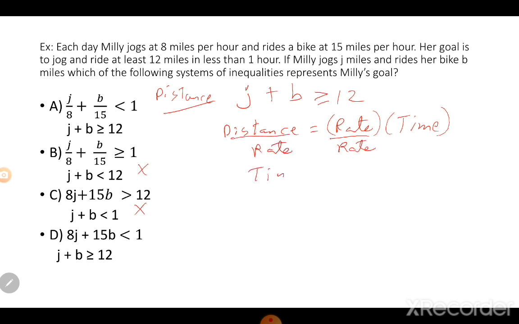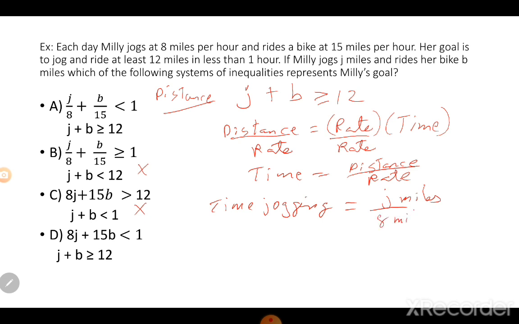So time is equal to distance over rate. So time jogging is the distance, which is j miles, divided by her rate, which is 8 miles per hour.